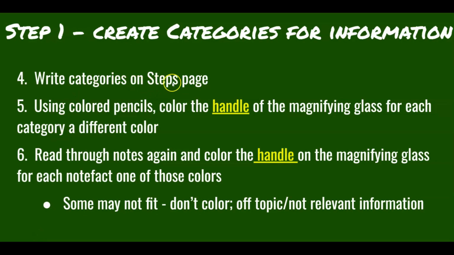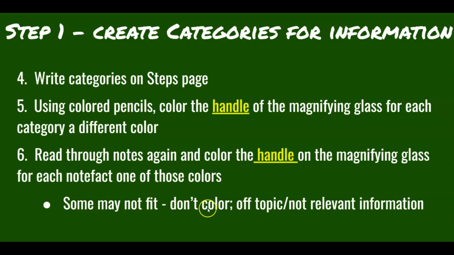Okay, so you're going to write the categories on that page, color code the handles, then you're going to read through your notes again, and you're going to color the handle of the magnifying glass for each note fact one of those colors. Okay, so you can decide which of those categories does this particular note fact fit into, and you're going to color code the handle to match. Okay, now you may have some that don't fit.